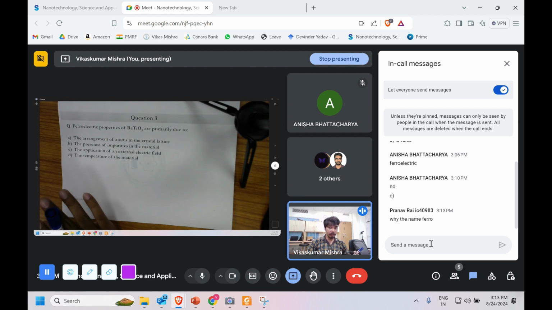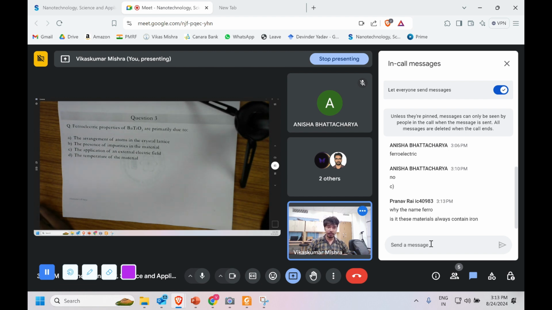It is coming from the iron. Whenever we use the term ferroelectric, initially in history, did this material always contain iron? No. A material that shows ferroelectric behavior doesn't need to contain iron. The concept was first derived from irons and all. Ferroelectric and ferromagnetic properties were initially found in metals.